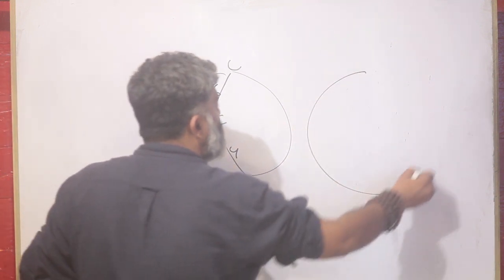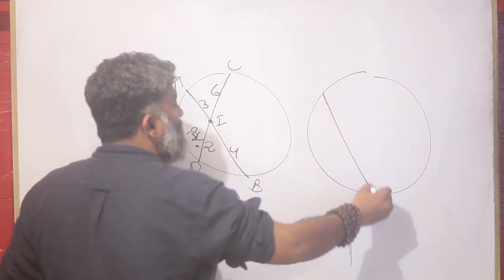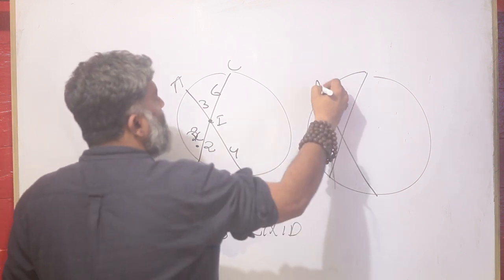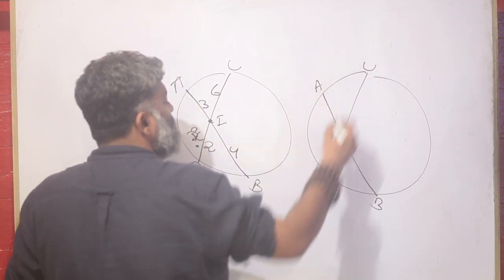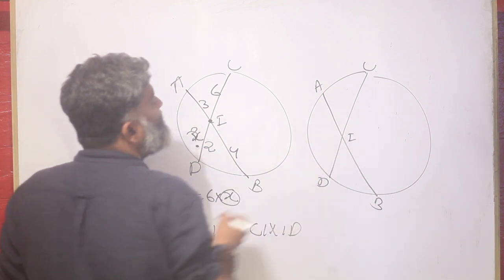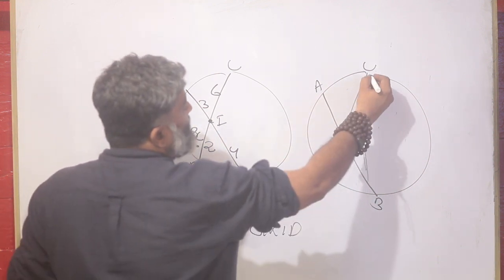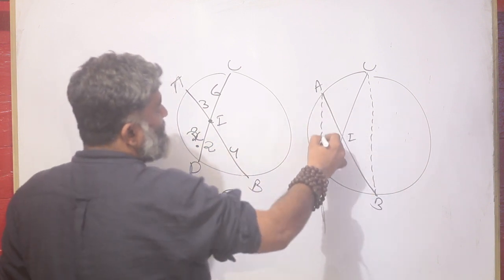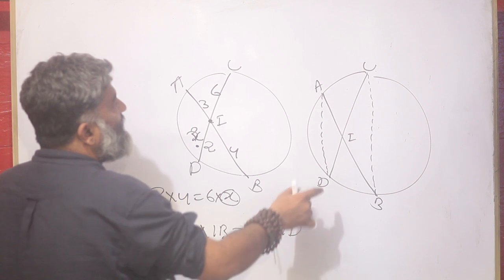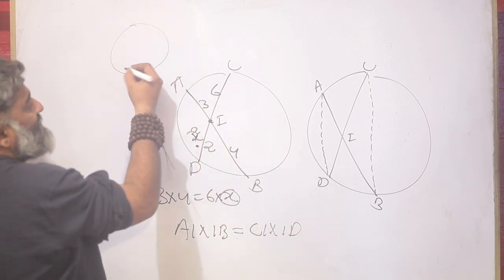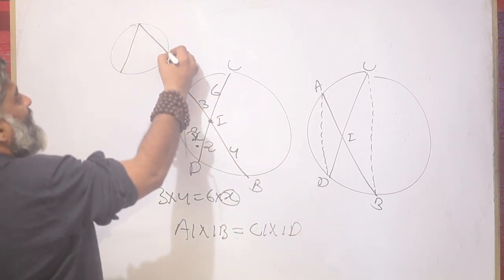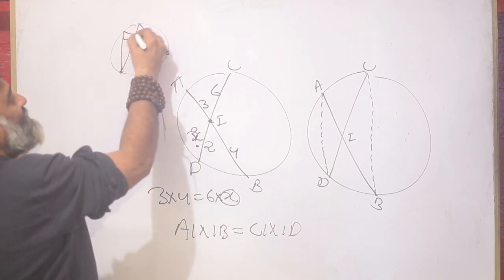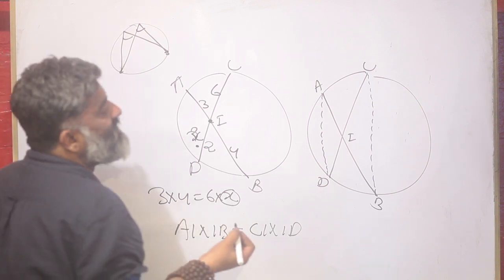Let me draw this diagram again, and let's say the two chords are intersecting. Name them A, B, C, D, and let's say I. What I'll do now is connect C to B and connect A to D, and I will use the same theorem that I started the day off with: if I have a segment subtending two angles at the circumference, those angles are going to be equal to each other.